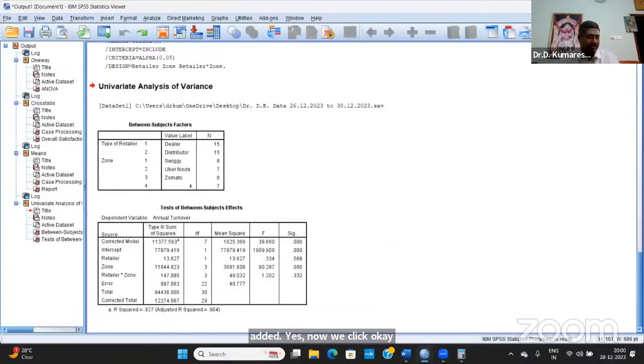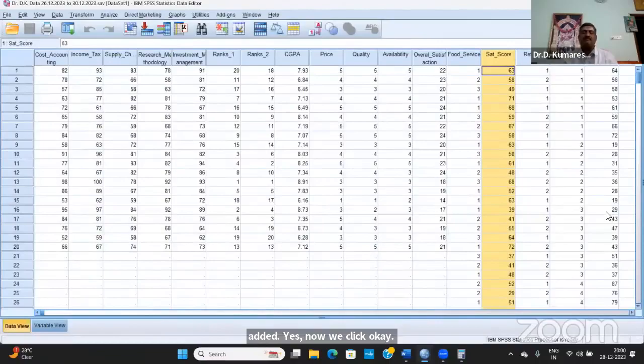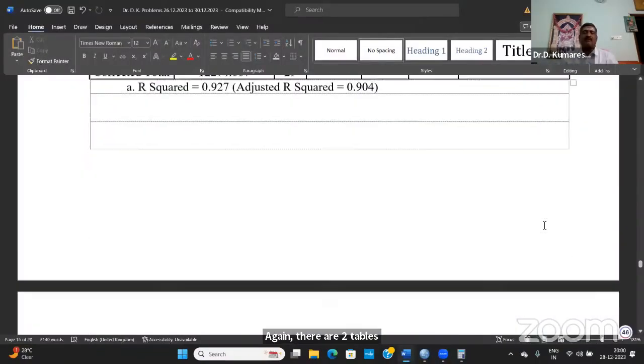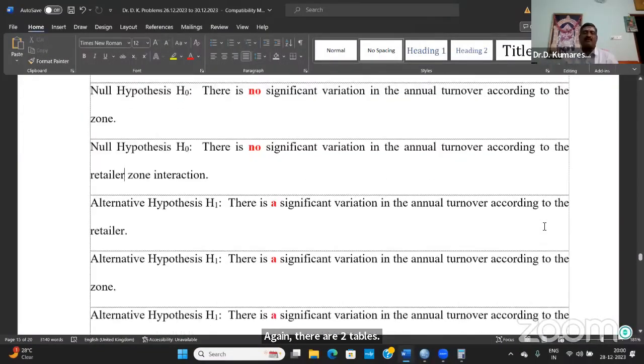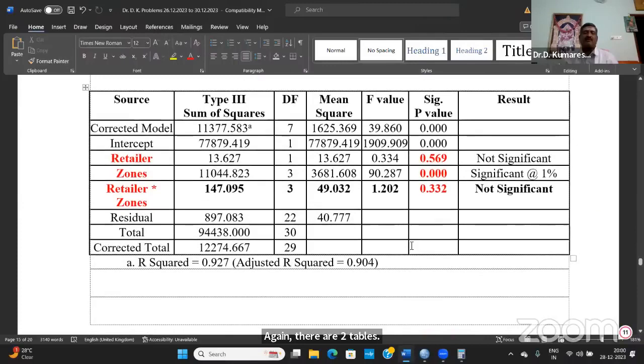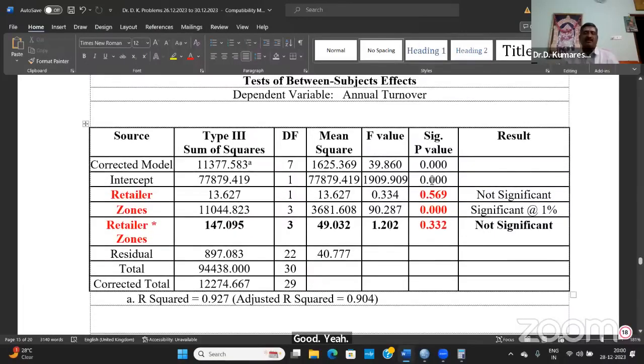Again, there are two tables. This is the result. Test of between subjects effects. First one, corrected model. Second one, intercept.